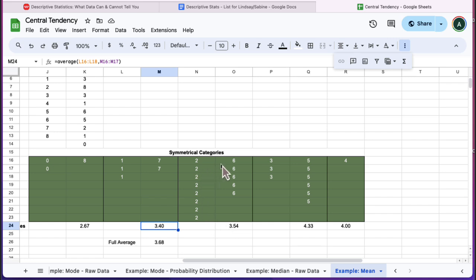By the time I have all of this data, it really only takes my local average for these values down to 3.54. And here, I got more 5s than 3s, so it pulls it up to 4.33, and then this last value is 4 because there's just one observation of 4.